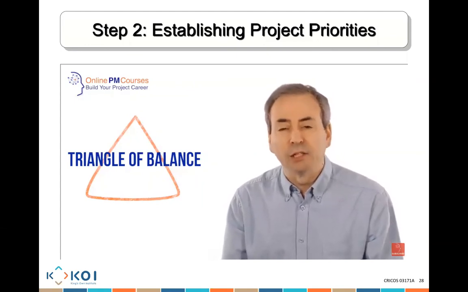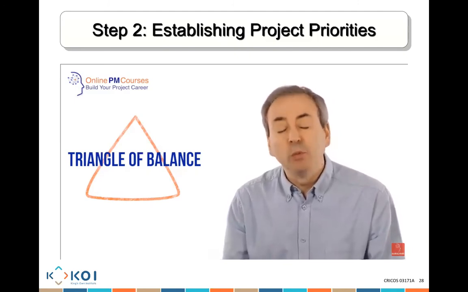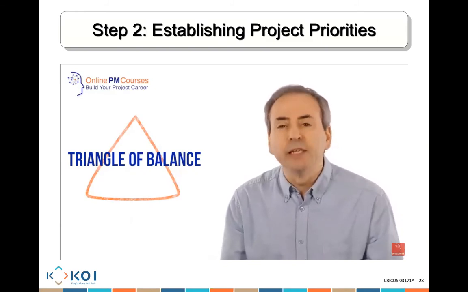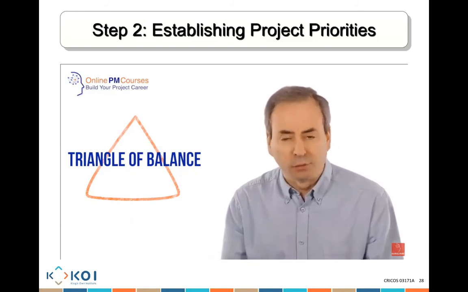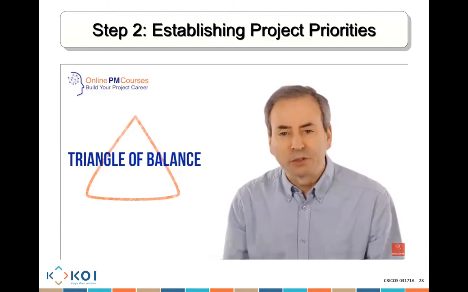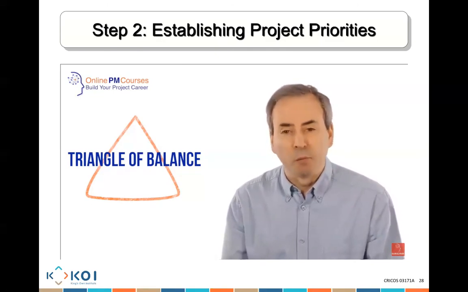Consequently, if you want to change one of those corners, you have to change at least one other. If you want to increase the quality, then you're going to have to pay for it, and perhaps even take longer as well. If you want to deliver more quickly, then you'll either need to put in more resources or cut some corners. And of course, if you want to save some money, then you're almost certainly going to have to reduce the quality or the scope of functionality.